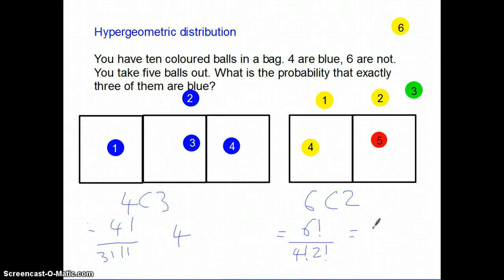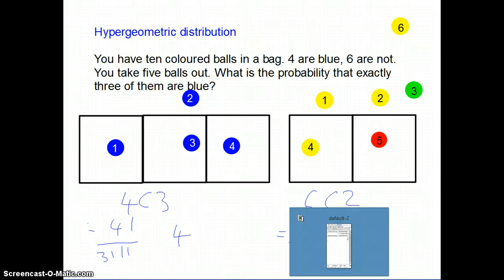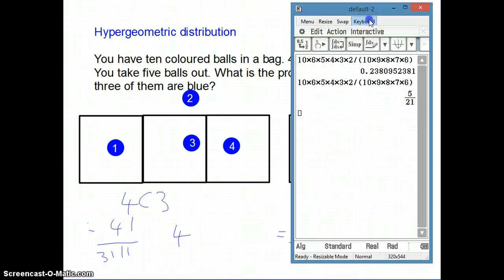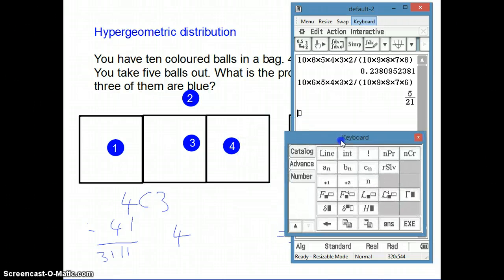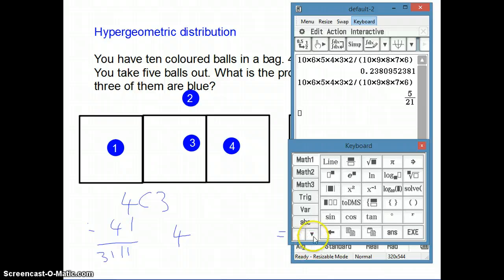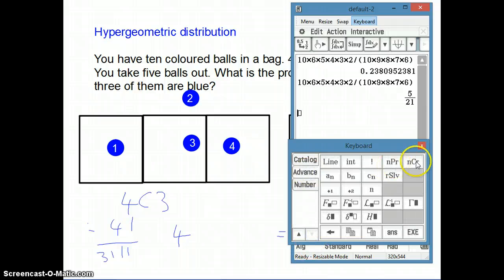Now, if you go to your calculator, you can work out what 4 choose 3 and 6 choose 2 are quite easily. Go to the keyboard, and if you go to the advanced bit here, you've got nPr and nCr. So if you put nCr in, we could do 4 choose 3. That tells us that that's 4.